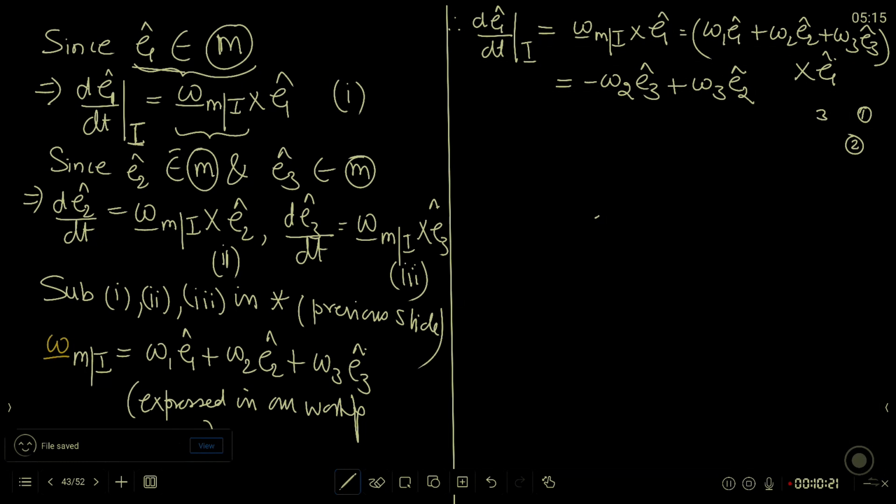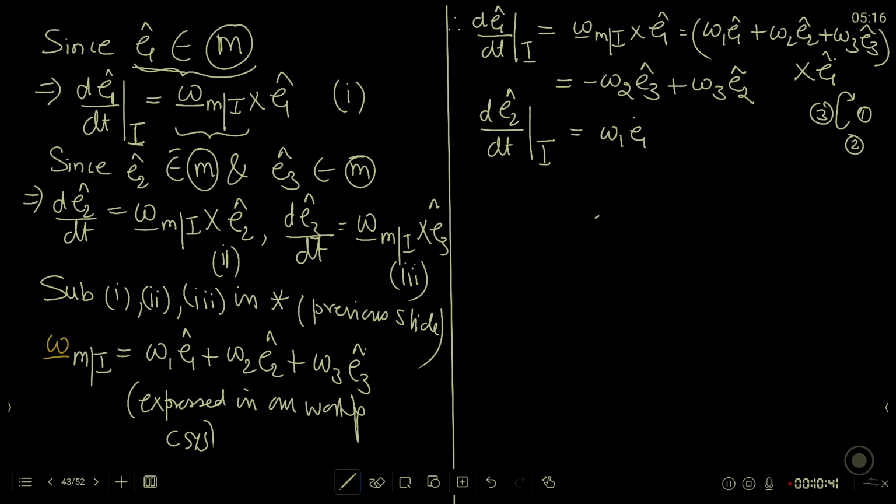With 1 minus E3, 3 with 1, 3 with 1 gives 2, omega 3, 2. What does this give me?